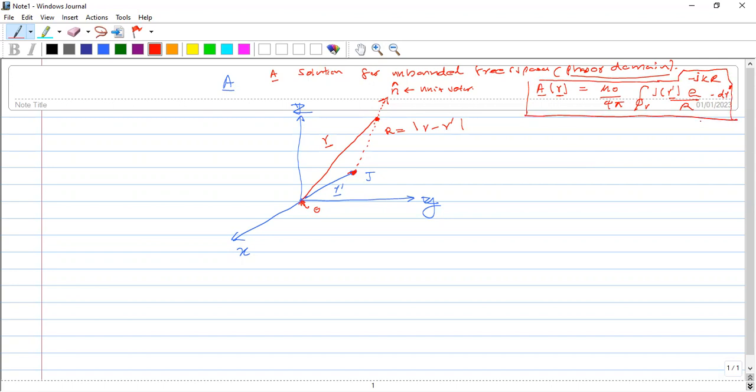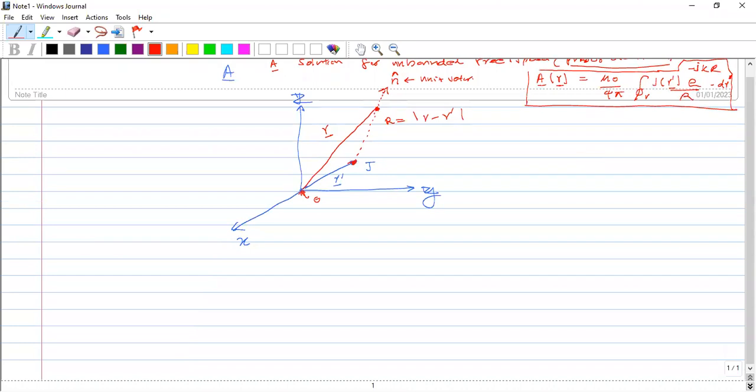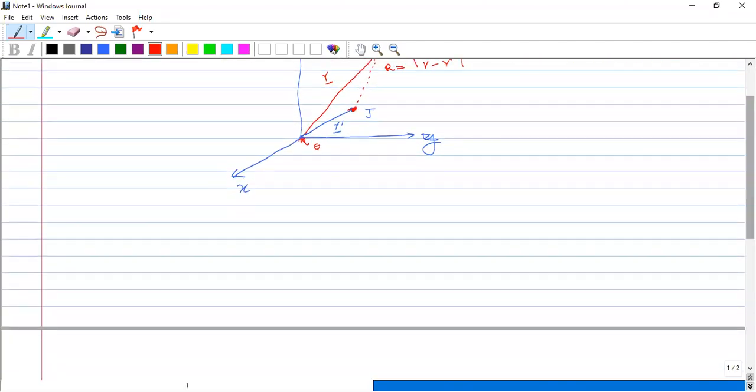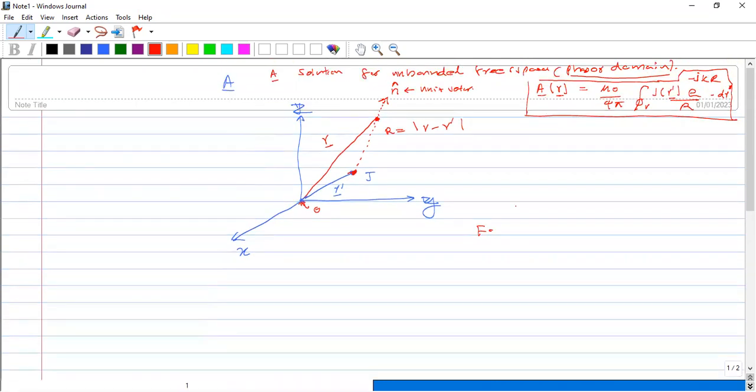And next we have done an assumption, that is for far field. That is called the far field approximation.